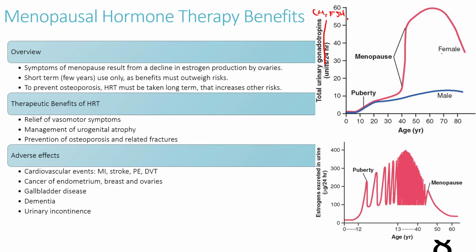So again, we're following the red line. Before puberty, it's almost pretty much zero, and then right about puberty, it starts increasing. And then during the reproductive years, it also is increasing, and then after menopause, you've got this sharp increase over here, and then it goes down right there.